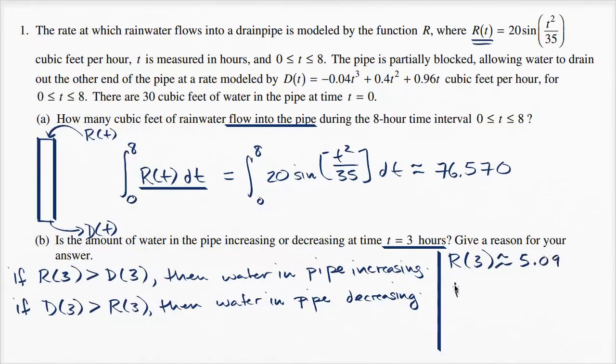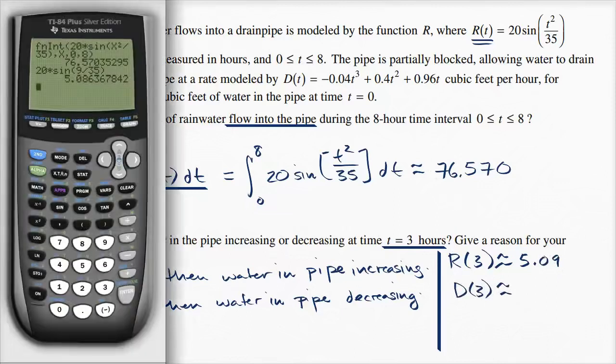And d of 3 is going to be approximately, so we have negative 0.04 times 3 to the third power, so times 27, plus 0.4 times 9, t squared, plus 0.96 times t, times 3.